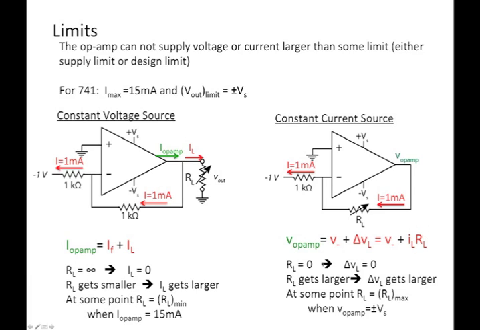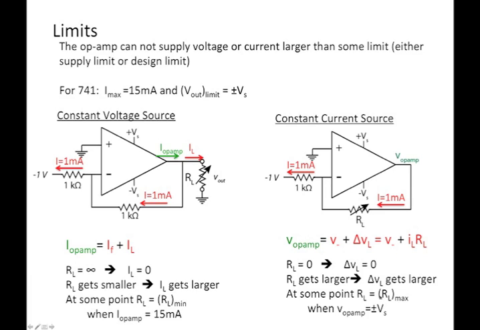Well, if the load is 0, then VL is equal to 0. Fine, but as you make RL, the load resistor, get larger and larger, then the change in potential gets larger and larger, and at some point RL is equal to RL max, right? That's when V op-amp equals the plus or minus source voltage that you've connected to your op-amp.